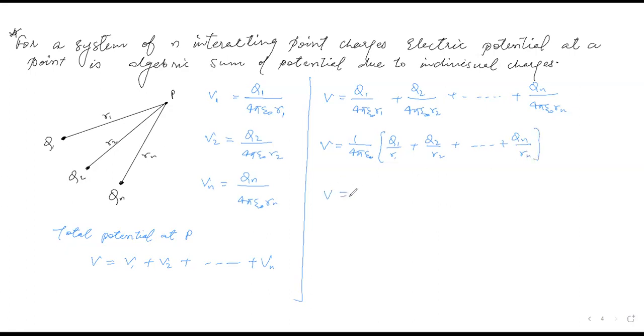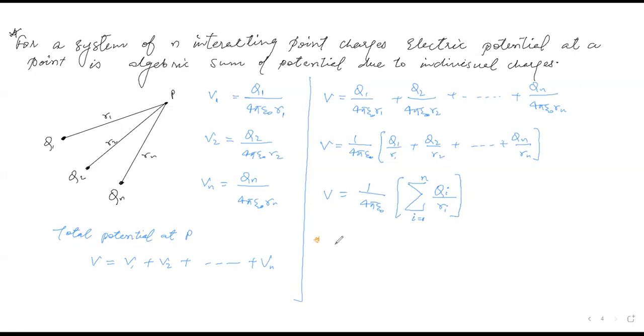Finally we can write V is equal to 1 over 4 pi epsilon naught in bracket summation of Qi over Ri, where i is equal to 1 to n. Do you understand it or not? Note it down, please.